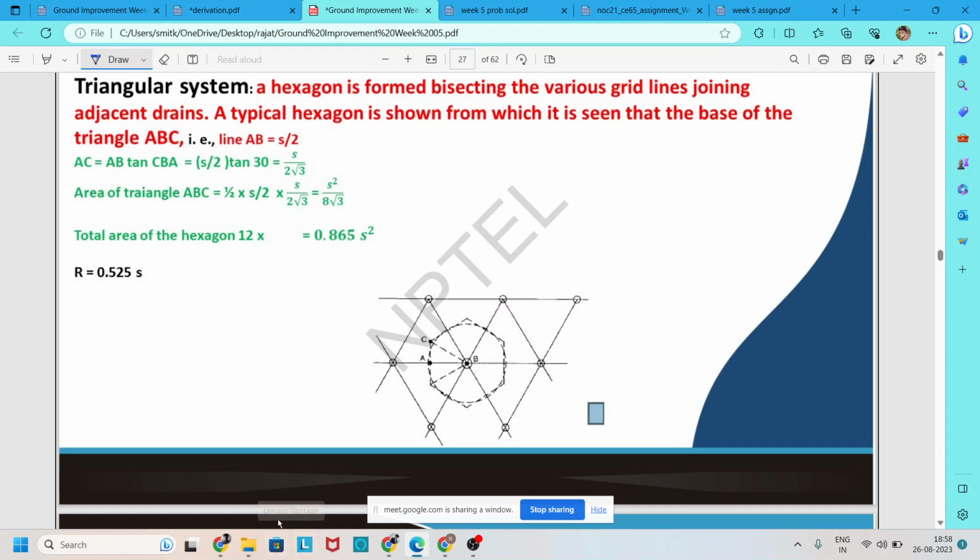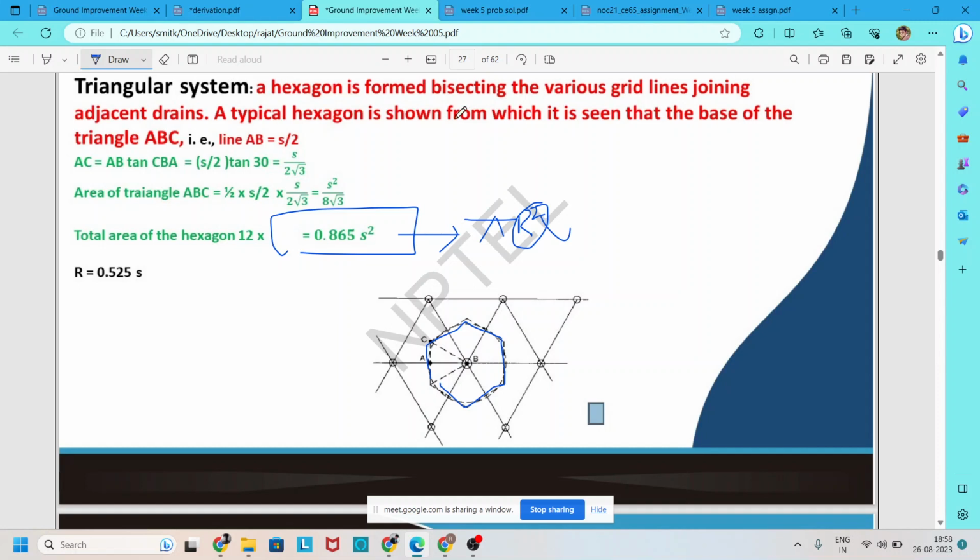By calculation, we find out this hexagon area is nothing but 0.865 S square. If we replace this area by an equivalent circle, that is pi R square, we can easily find out the equivalent radius. That is nothing but 0.525 S.